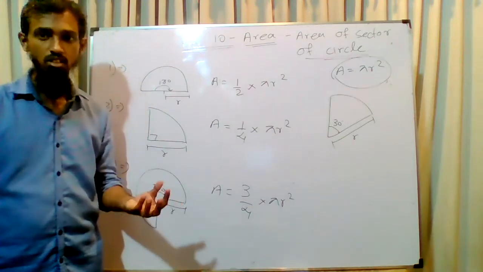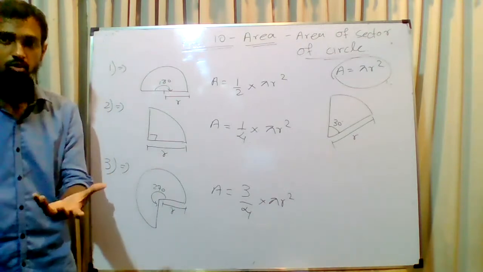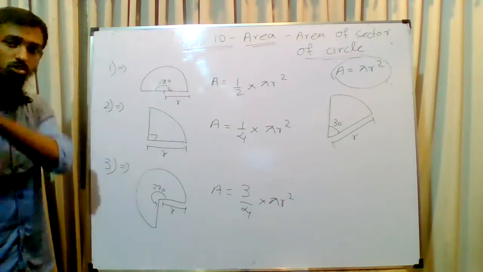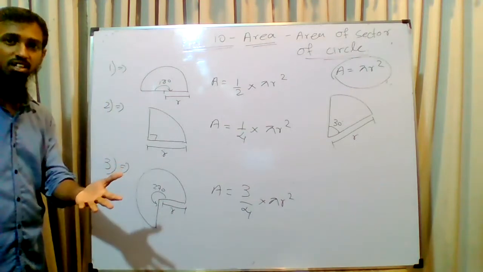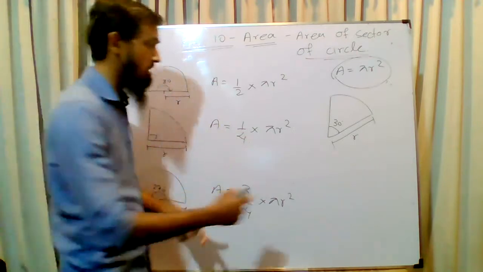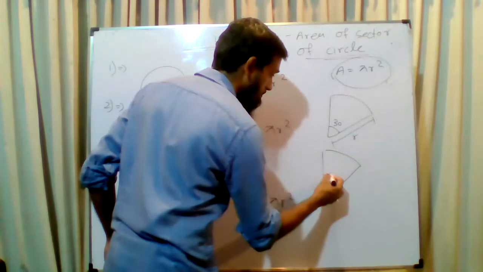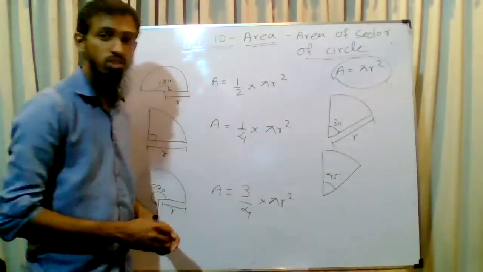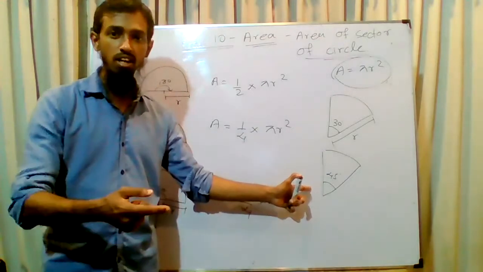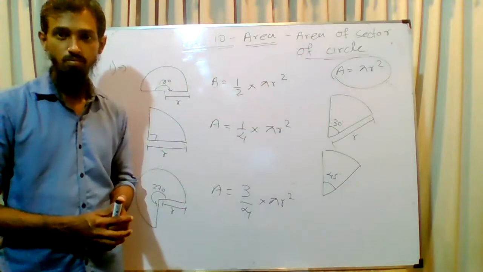We need a calculation, we need some time to calculate it. These three, using the figure, we can easily tell the portion: half, quarter, 3/4. 30 we can't. When it comes to an angle of 45, what is the portion? If we know the portion, we can tell with the portion into pi r square, that is the area.